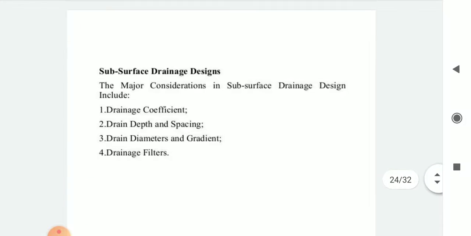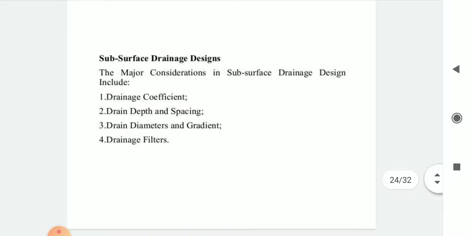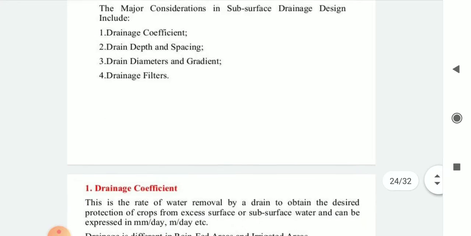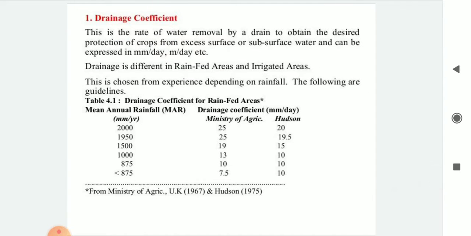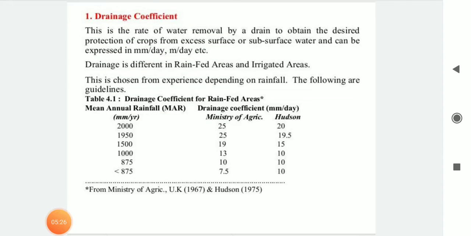Subsurface drainage design. The major considerations in subsurface drainage design include: first, drainage coefficient; second, drain depth and spacing; third, drain diameters and gradient; and fourth, drainage filters. First, drainage coefficient.